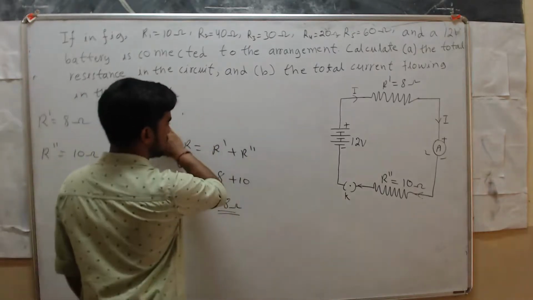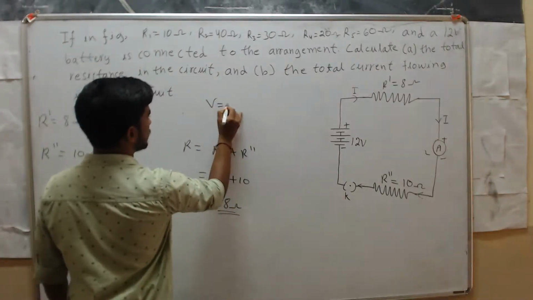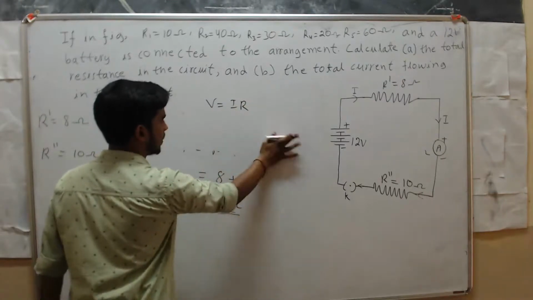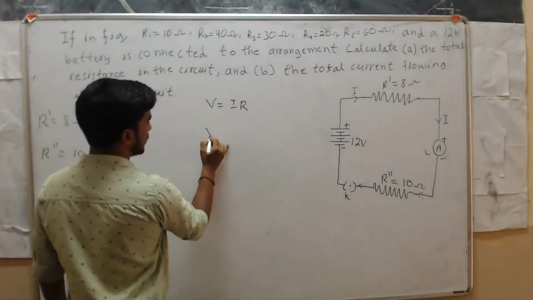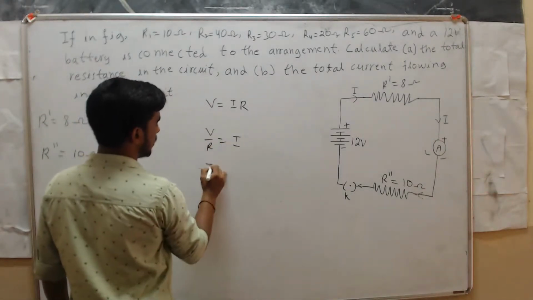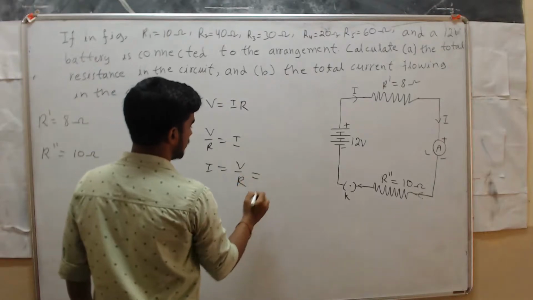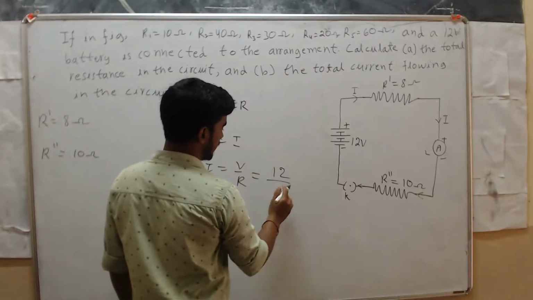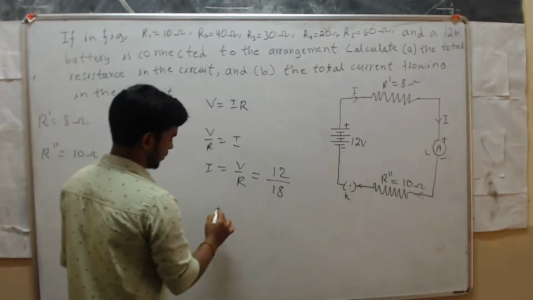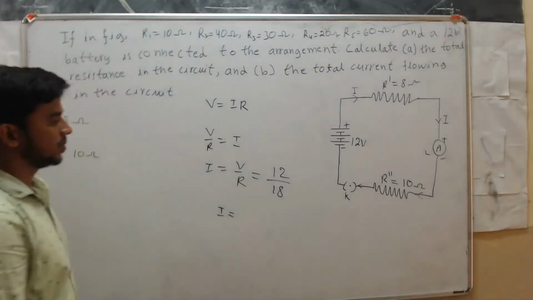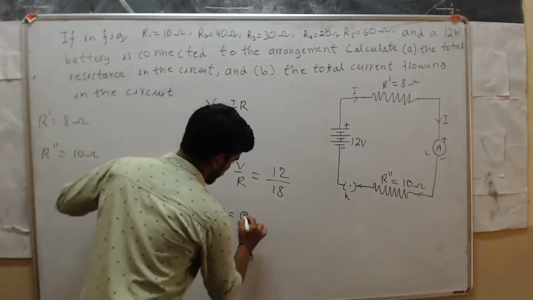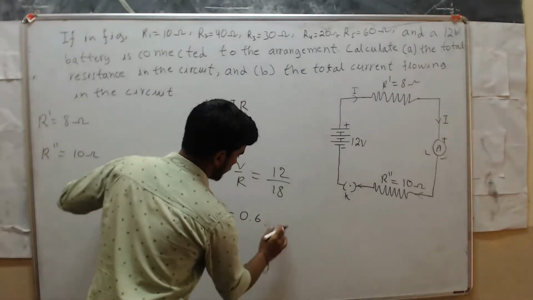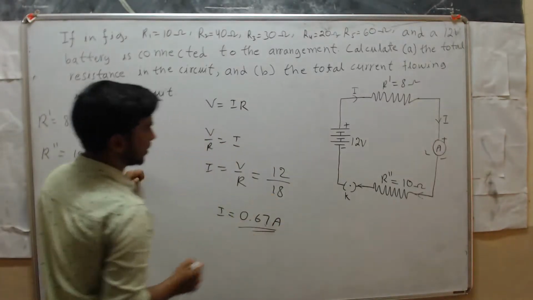So directly we can use V equals I into R. We need I, so I equals V by R. That is 12 divided by 18 ohm. Just divide 12 by 18 and you will get 0.67 ampere.